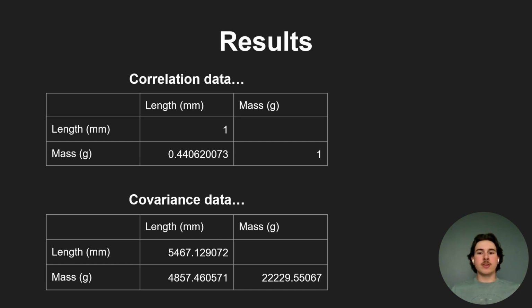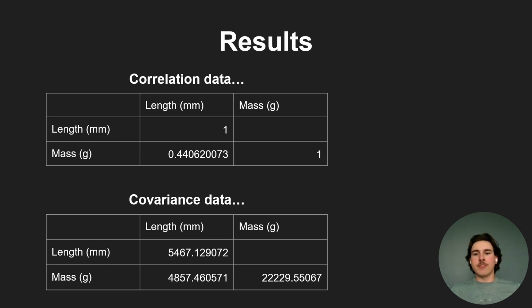Now, covariance data is not a proportion. So it's simply a positive number or a negative number. And if you're wondering why there's a blank spot in the top, in the middle right-hand column, it's because that number is equivalent to the number diagonally to it. So the 0.441 is equivalent to the completely blank spot.